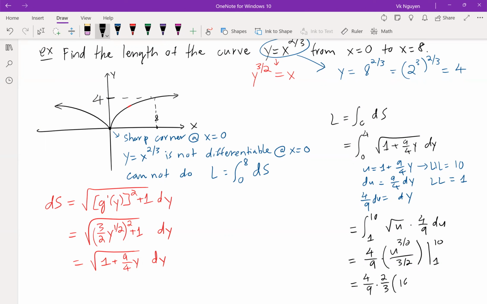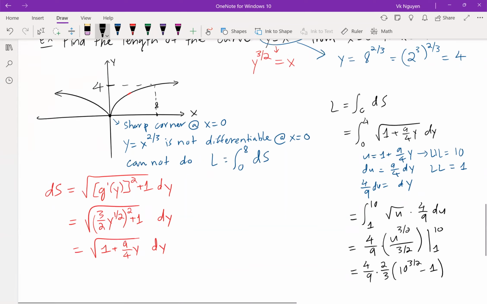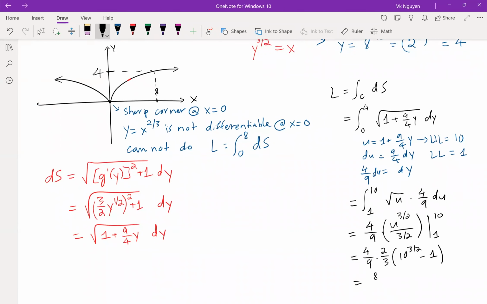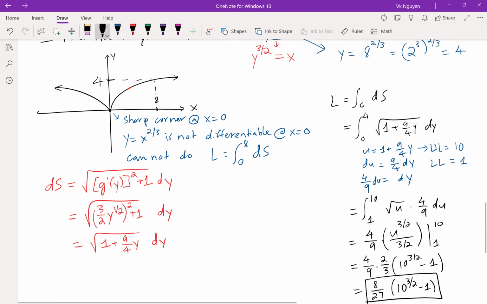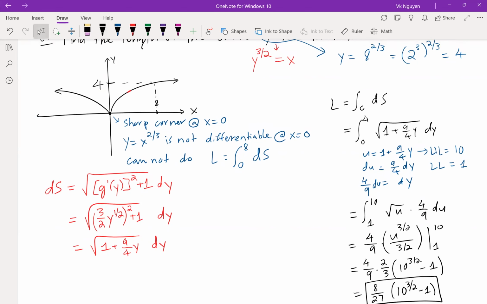We have 10 to the 3 over 2 minus 1 to the 3 over 2, which is 1. And this would give us 8 over 27 times 10 to the power 3 over 2 minus 1. Pretty cool, pretty slick. I like it.